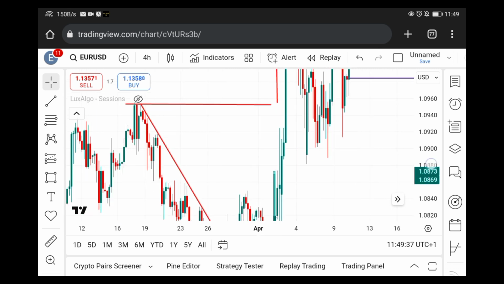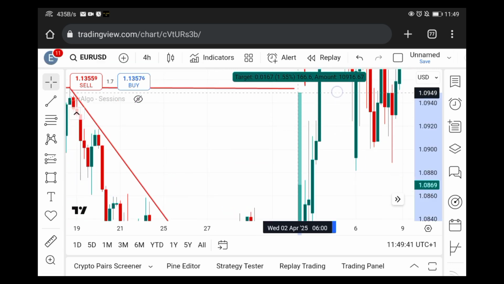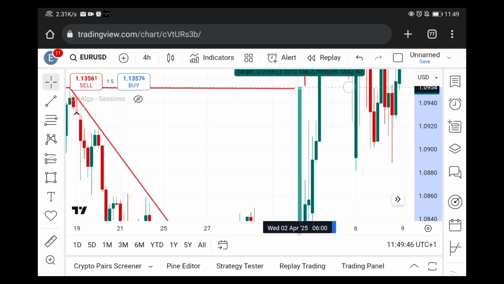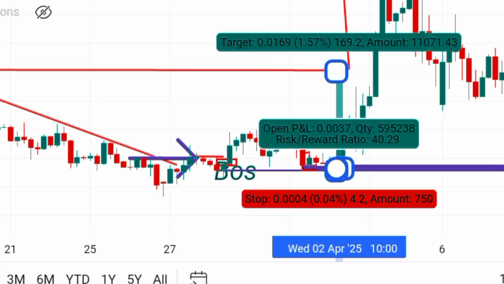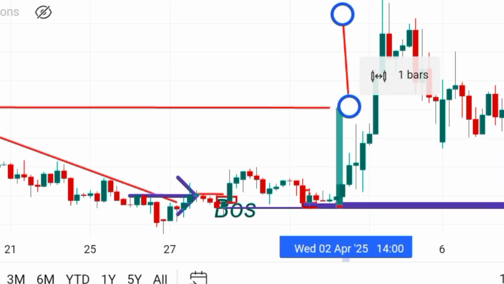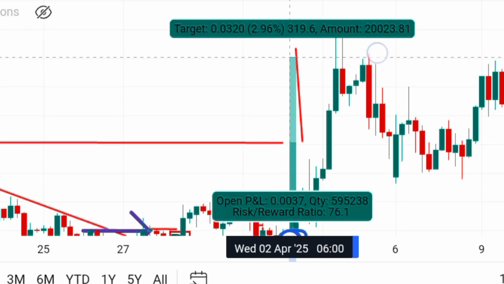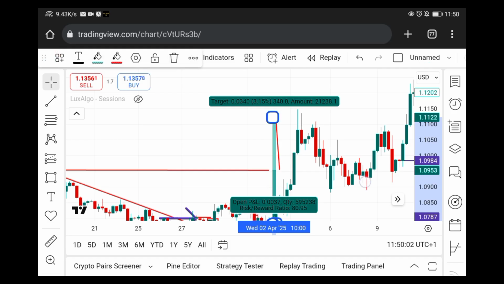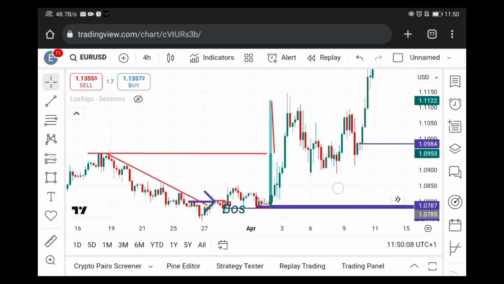So let us measure our TP. Our first TP is right there. Our second TP is right there. So if you check from that point, we have 1:40 RR. So for us to go our 1:2, which happens to be that point with the second trade, will give us 1:80 RR with that second entry, just by using that strategy.